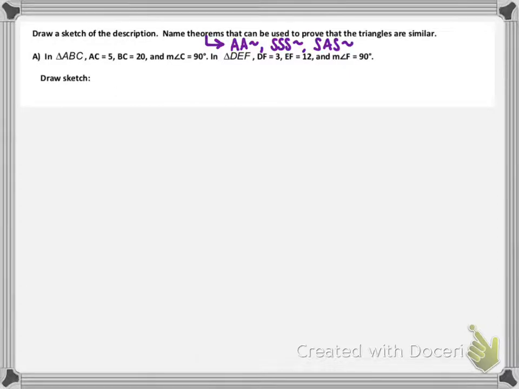So, in triangle ABC, AC is 5, BC is 20, and angle C is 90 degrees. So I need a little right triangle right here. And then I'm going to use another one, so I'm going to copy it. Okay, cool. So here's what we got.